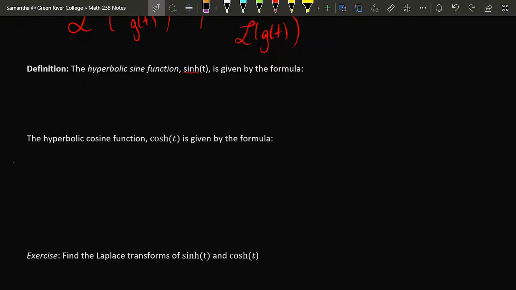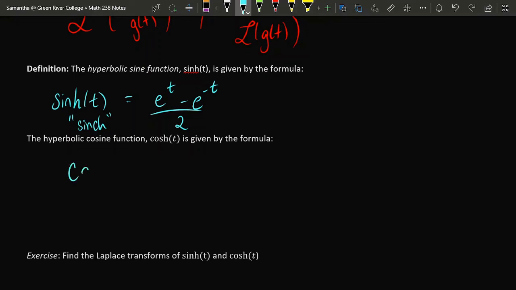I want to define two new functions called the hyperbolic sine and hyperbolic cosine functions. The hyperbolic sine function, which is written as sine with an extra h, and this is pronounced sinh, is simply what you get, sinh of t, by taking e to the t, subtracting e to the minus t, and then cutting the result in half.